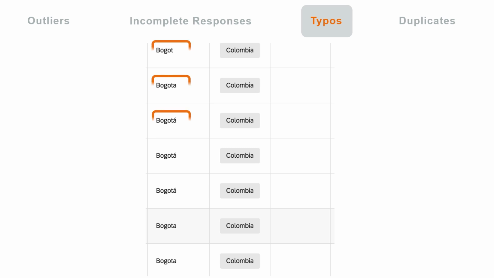You can see the first response is missing the A. The second did not include the accent over the A, while the third is the actual correct spelling we're looking for. In order to aggregate all of the people who responded Bogota, you are going to have to clean and make sure that Bogota is spelled the same for every single response.